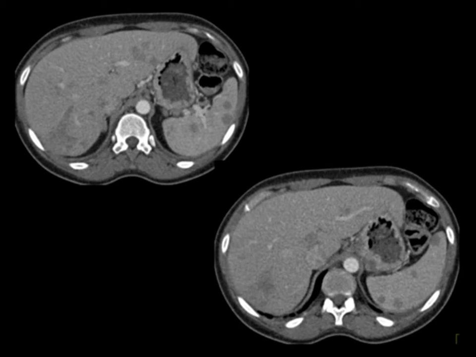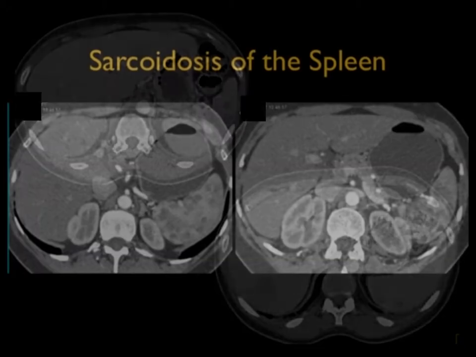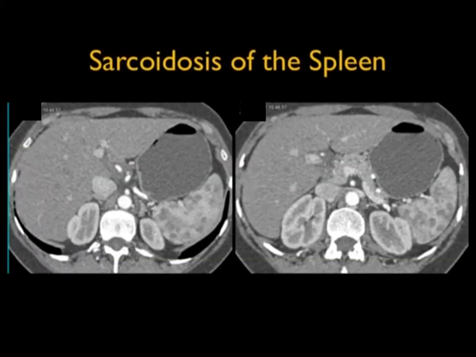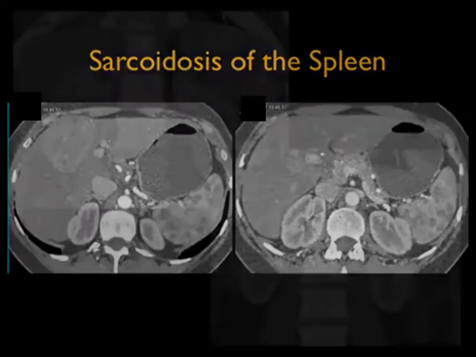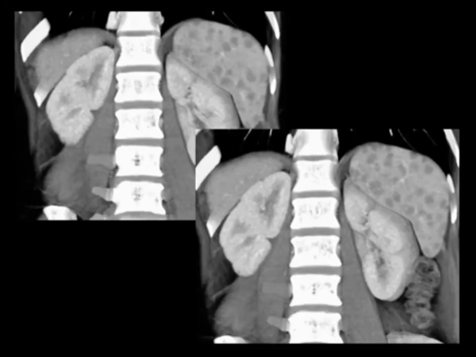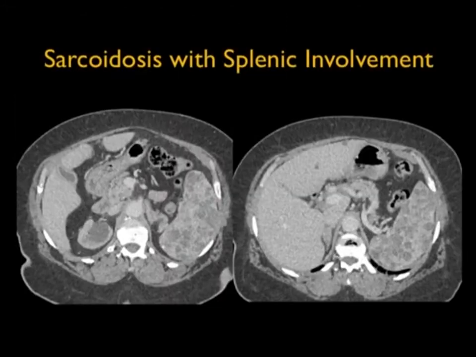If I just mix my slides up, it could be very problematic. Another example showing multiple splenic lesions, with very nicely shown also on the coronal views. Again, shown here. Here's another example, an enlarged spleen with multiple focal lesions in the spleen. And just a very good example of sarcoidosis.